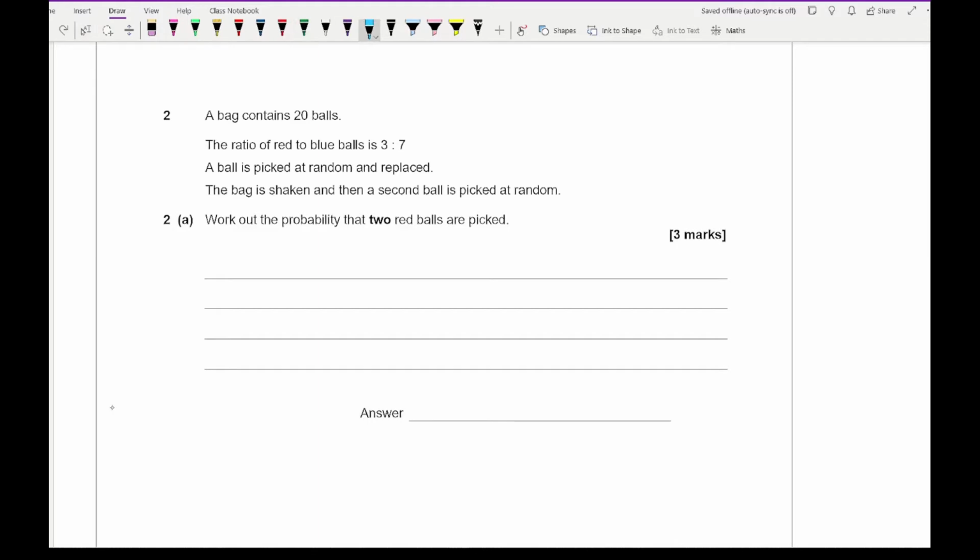So looking at the ratio then, if I know that there are 20 balls in total and they're either red or blue, and the ratio is 3:7. So if I do 20 divided by the total number of parts, which is 10, that equals 2. So that therefore means that I'm going to have 6 red balls and I'm going to have 14 blue balls.